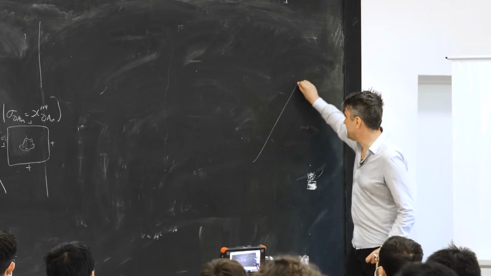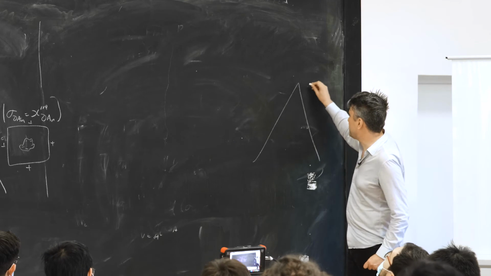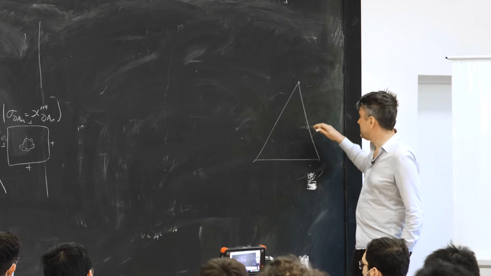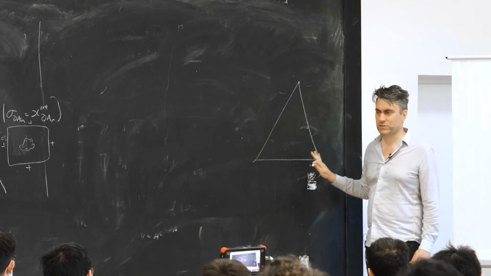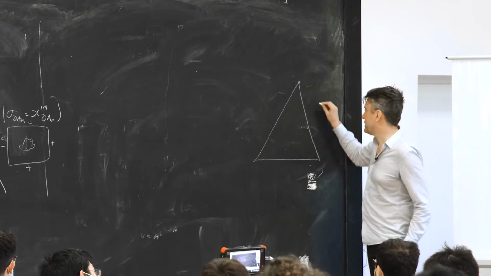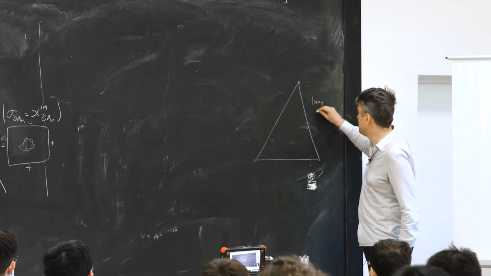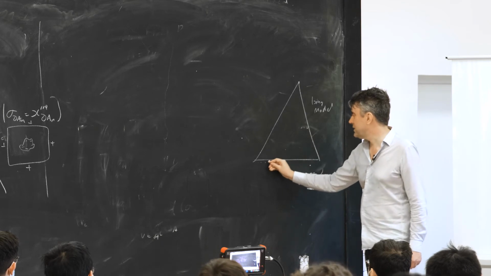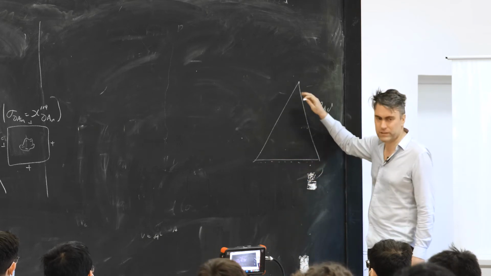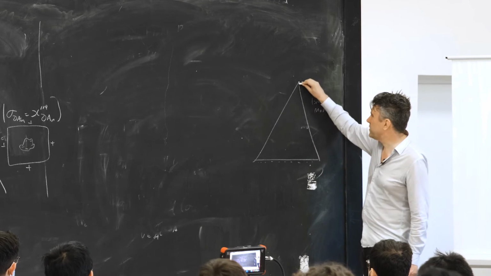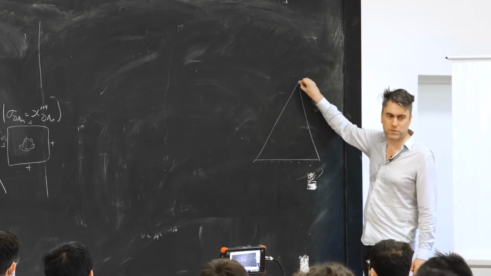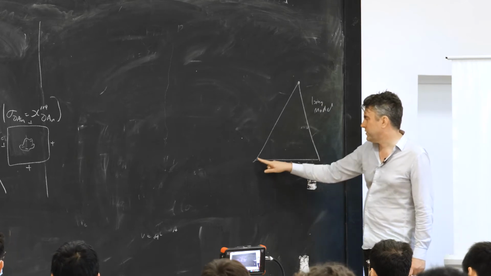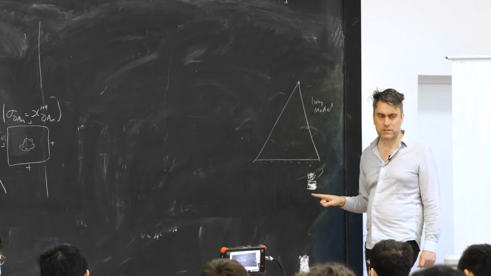So when we look at a tree and our spin system on it, there are actually two interesting thresholds that can come up. Let's say we're looking at the Ising model. One is, I ask, is there a boundary condition a long way away that affects the marginal probability at the root? So this is taking a worst case boundary condition.